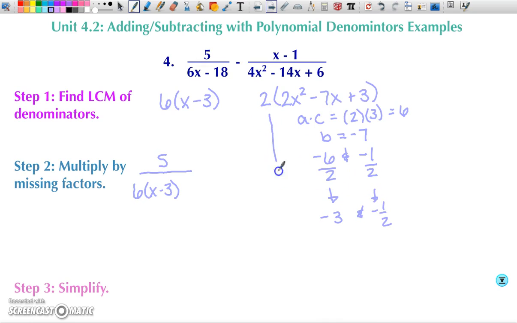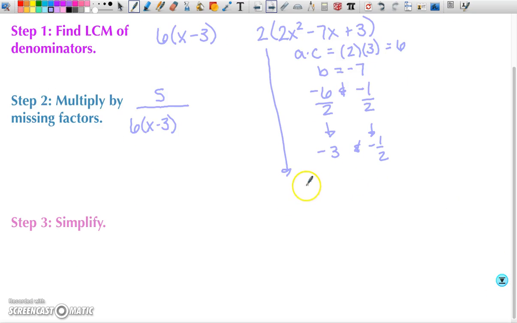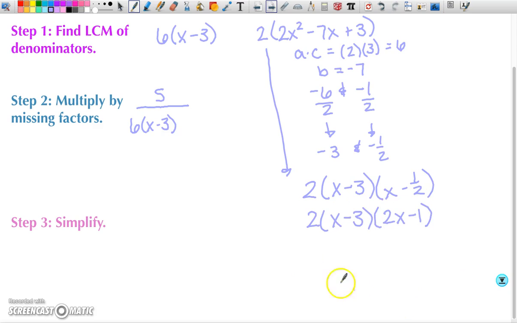So don't forget about your 2 that we factored out in the beginning, and then x minus 3 and x minus 1/2, but remember no fractions, so 2 times x minus 3 and then 2x minus 1.